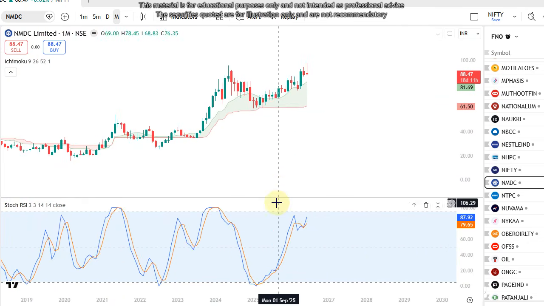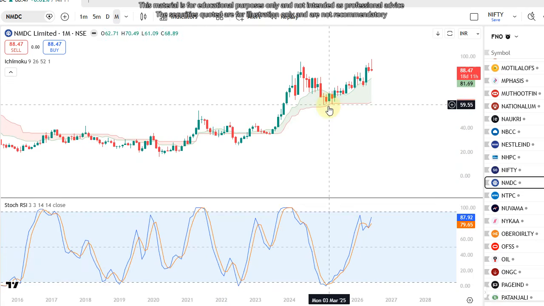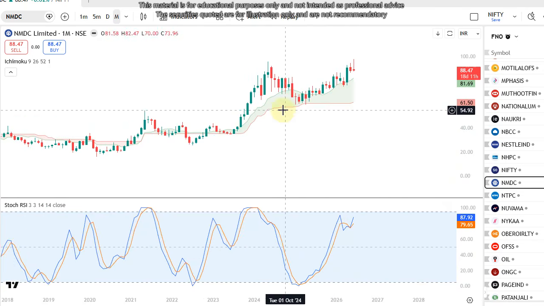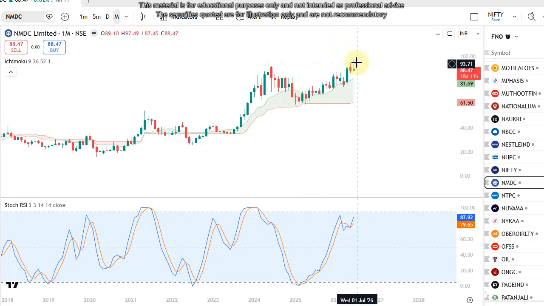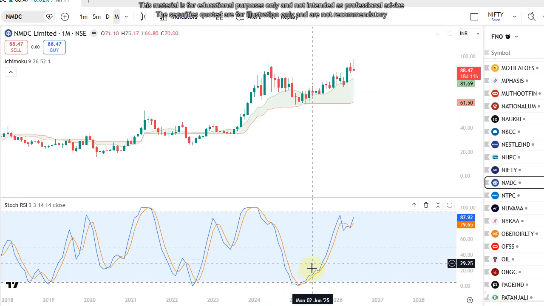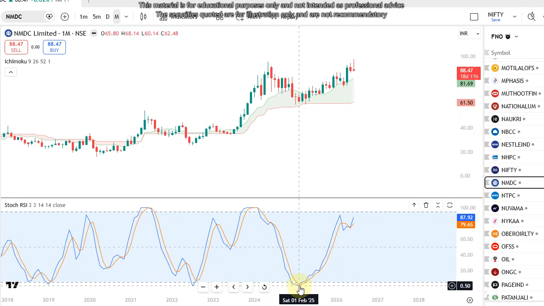Okay, see here in this particular stock, we are seeing the price coming to this zone and taking support at the bottom line of the Kumo. Okay, this is our reversal area. To confirm the reversal in our direction, we have to confirm that the oscillator should reach below 5.